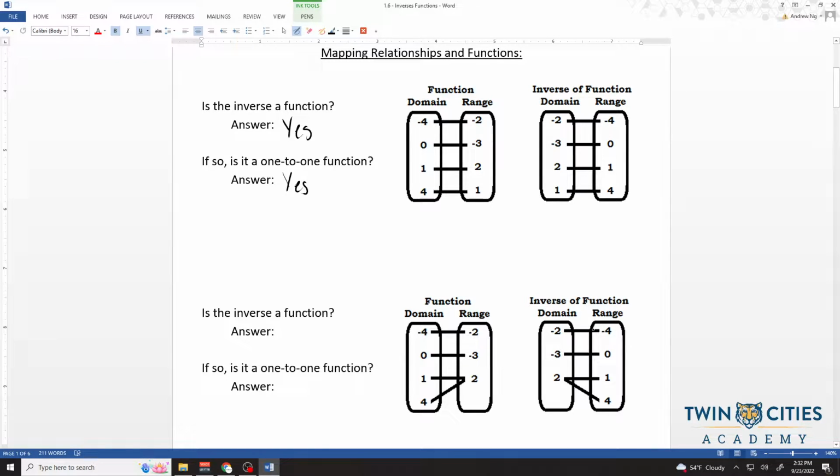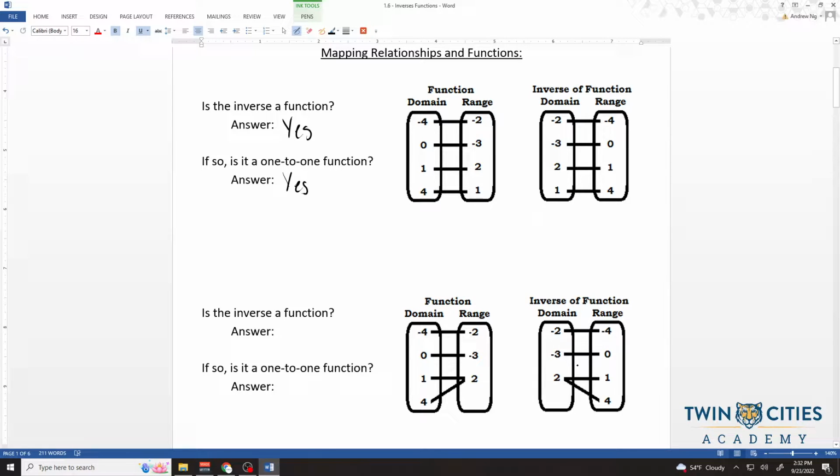Is the inverse then? When I reverse these pairings from -4 to -2, now -2 to -4, 0 to -3, -3 to 0. However, here, 2 is going to both 1 and 4. So this inverse is not a function.